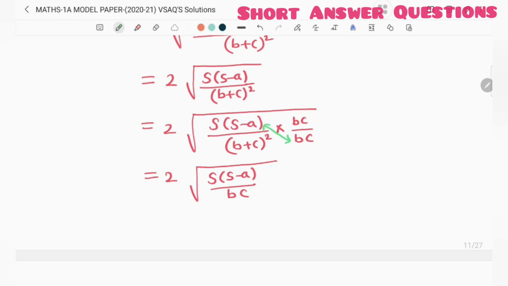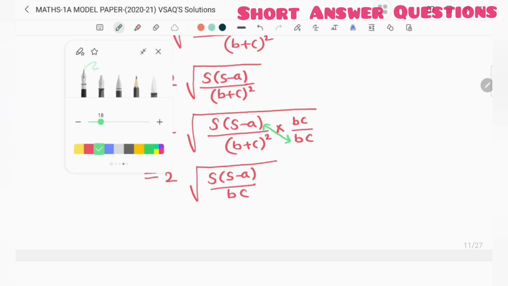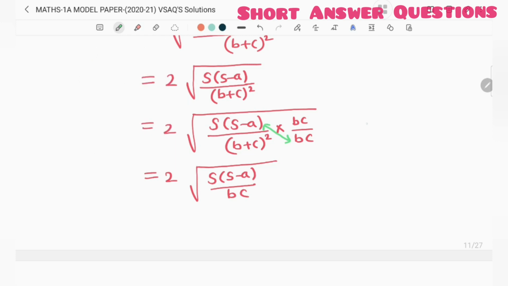These terms make the subject. Why? Because cos square a by 2 is equal to s into s minus a by bc. This is the formula. Cos square b by 2 means s into s minus b by ac, and like this it will come.